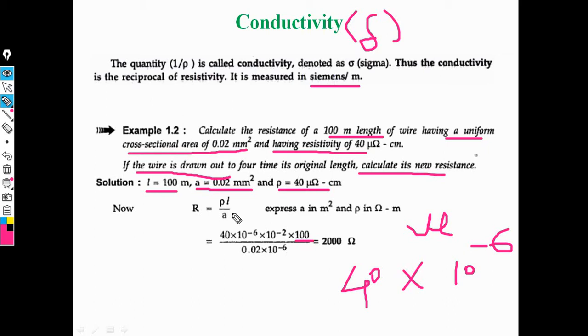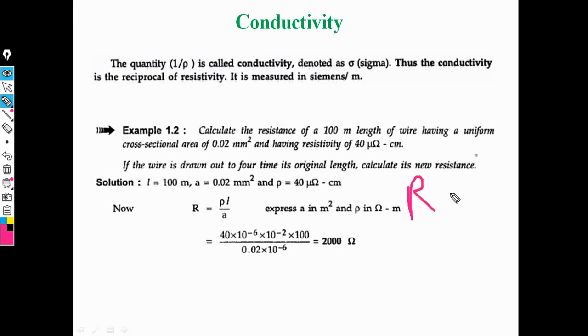We need rho into L by A. The resistance value depends on the formula R is equal to rho into L by A. Here length is 100. The resistivity is 40 micro, that is micro means 10 raised to minus 6, and centimeter means 10 raised to minus 2.